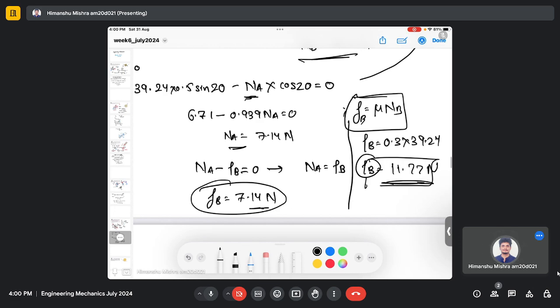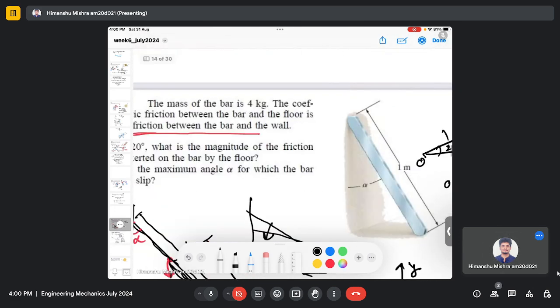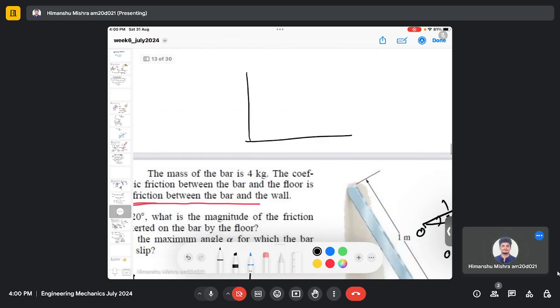So what is actually happening is, there is a bar, okay, and this bar is trying to slip due to gravity, and it is exerting the friction force here. Now the maximum friction force is 11.77 Newton. That means if the bar exerts a force here which is more than the maximum friction force, 11.77 Newton, this bar slips down due to the weight.